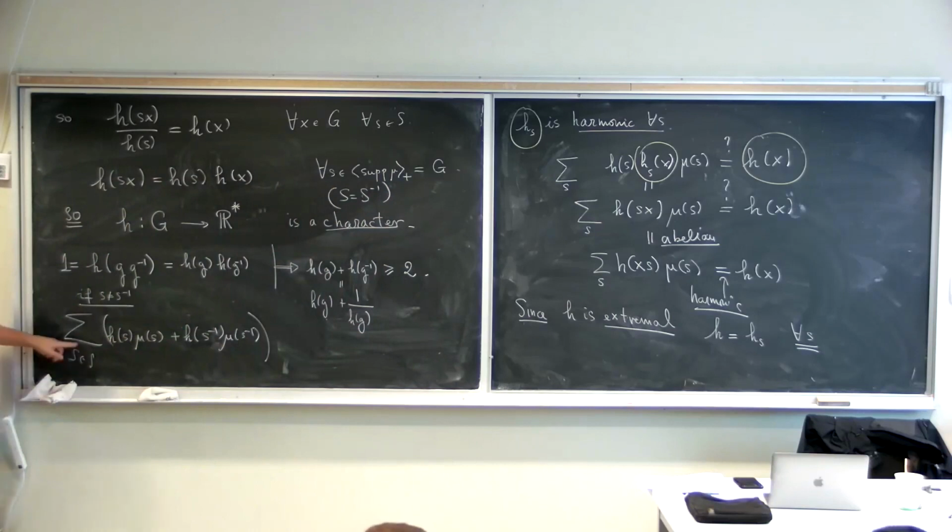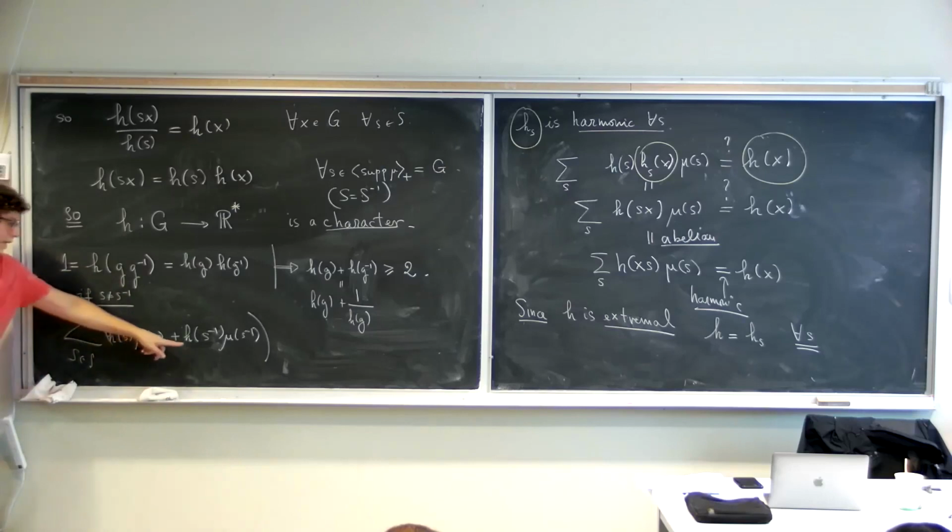The first term, the sum of H(S) mu(S): H is a harmonic function, so the sum of H(S) mu(S) is H of the identity, and H of the identity is 1. And on the other hand, this one is the same, so this is 2.